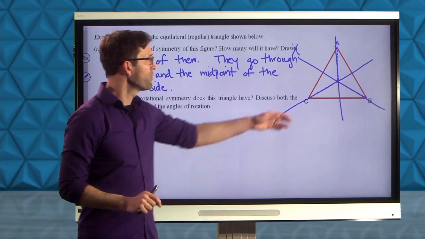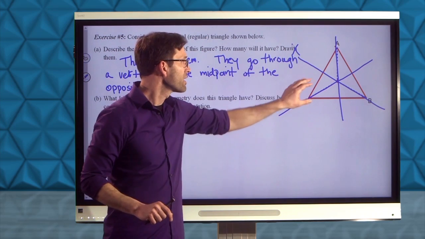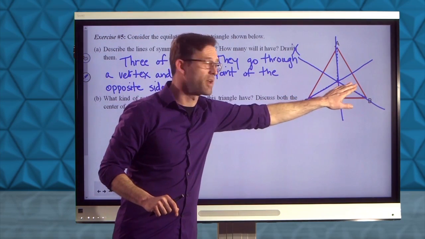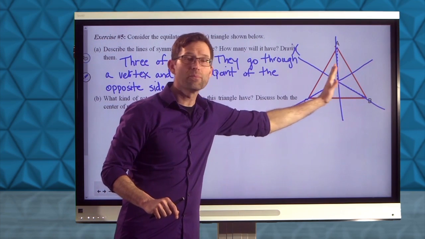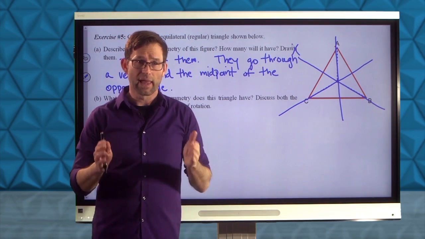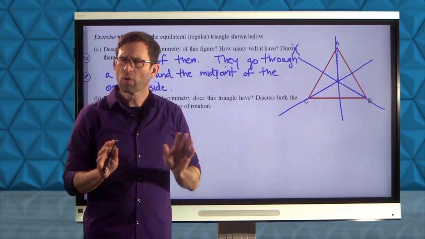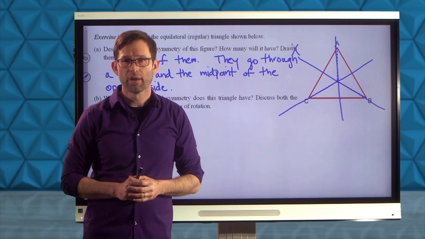And that kind of makes sense. If we look at the easiest one, which is this vertical line of symmetry, clearly on this side and on that side, we have identical right triangles. And if you flipped this image across it, it would land on itself. So, pretty simple. A regular triangle has 3 lines of symmetry.